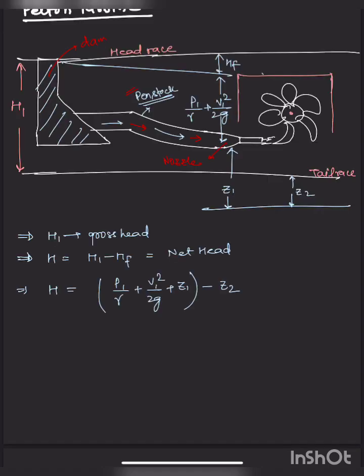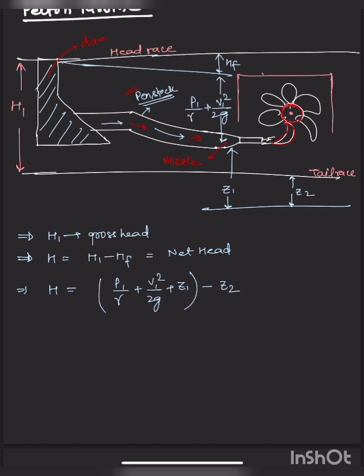Before attempting the solution of this question, let us discuss how a Pelton turbine works. The Pelton turbine consists basically of a dam, a penstock, a nozzle and the Pelton wheel, which has a semi-ellipsoid shape of cup at the periphery of the wheel. The dam stores the water at a high head, and this water travels to the penstock end.